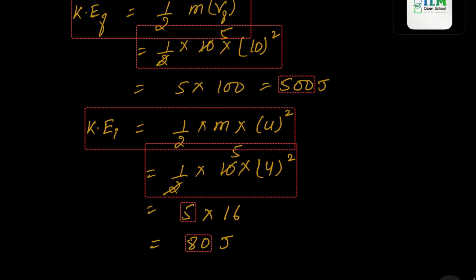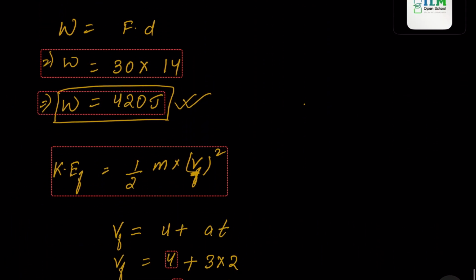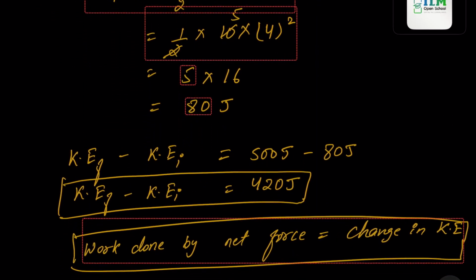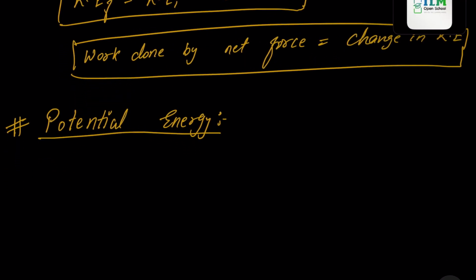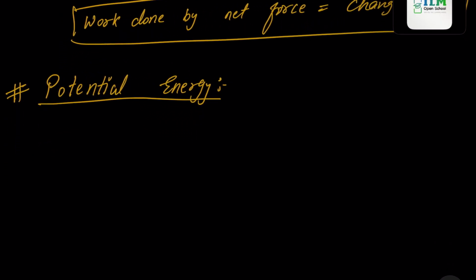Whatever we have studied in kinetic energy and the work energy theorem, we have studied that if an object is moving, it must have some energy. So it's all about the moving object. But sometimes an object is not moving, even then it has some energy. It doesn't mean that it has no energy.